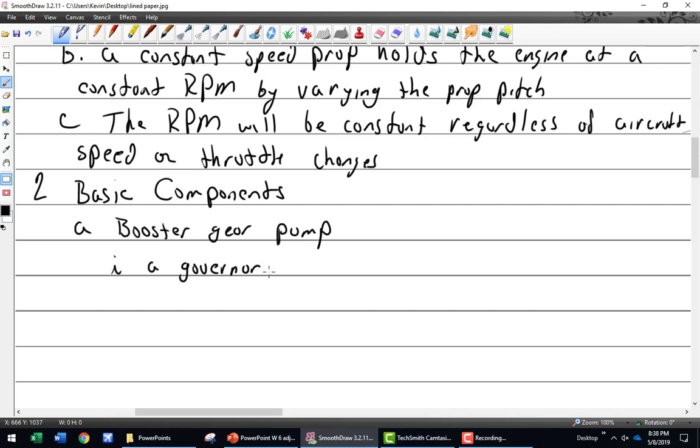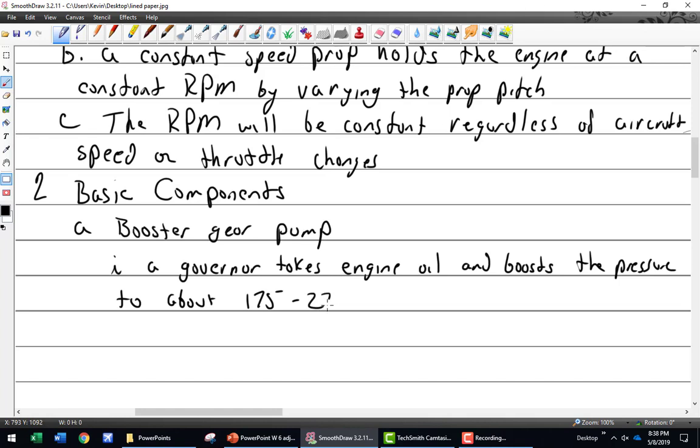So a governor takes oil pressure, let's say engine oil, and boosts the pressure to about 175 to 275 psi.